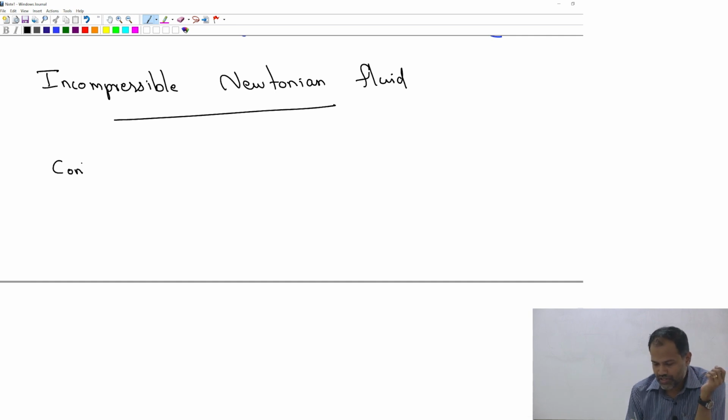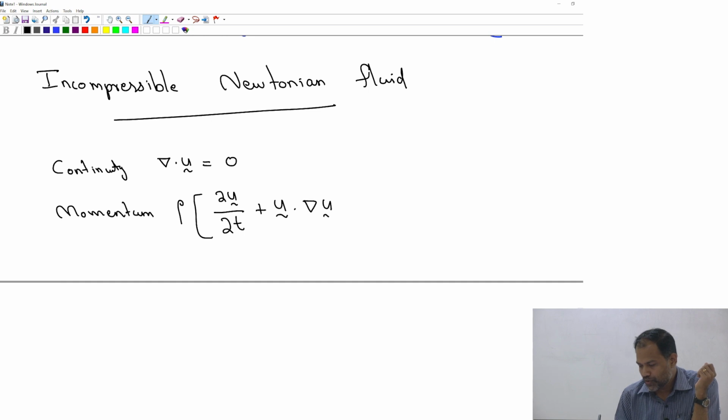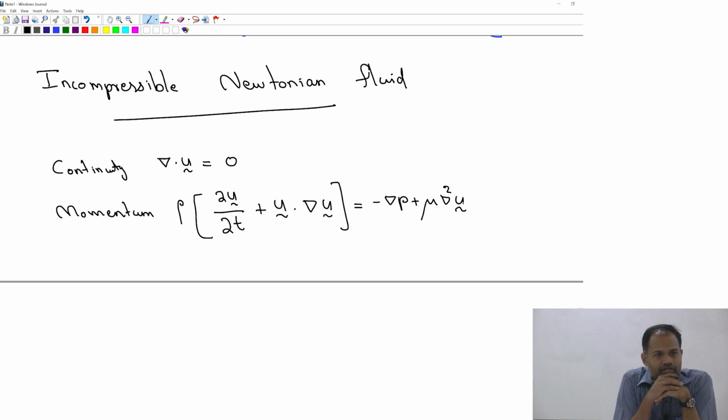Continuity equation for an incompressible fluid would be simply divergence of u is equal to 0, and then the momentum conservation equation is rho times (dou u by dou t plus u dot grad u) is equal to minus grad p plus mu del square u, in a general coordinate system.